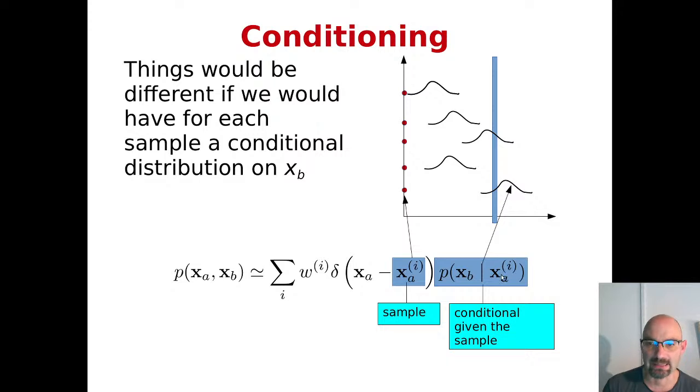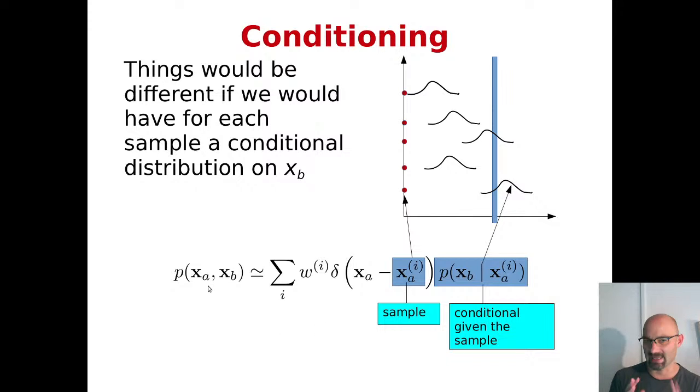Which xa? The xa attached to the sample. So I could visualize this as having a sample in this space, and then along this axis a density of the possible values of xb given xa. Observe that this Dirac lives in the sampled space, and this xb lives in the orthogonal space, the other set of coordinates of the sample.